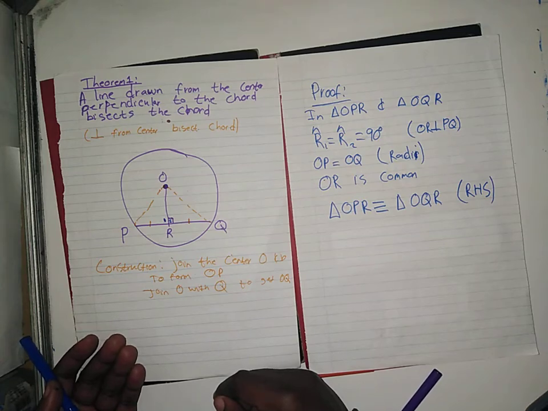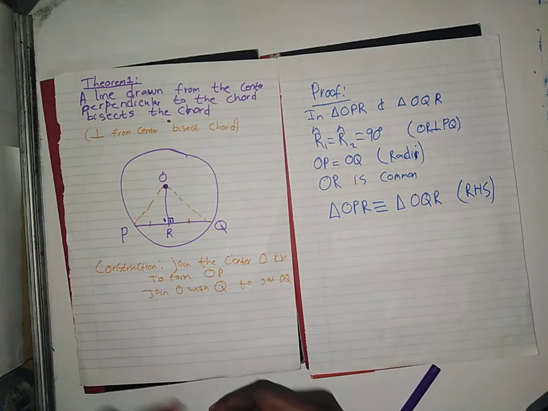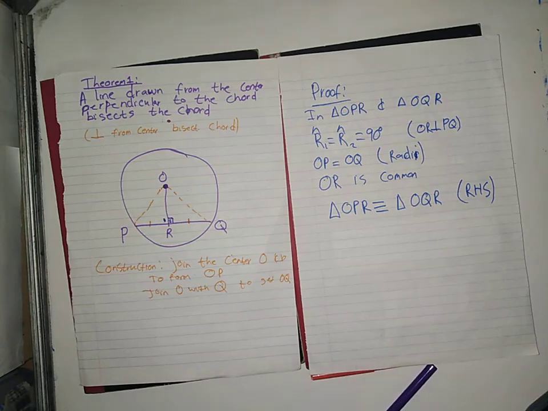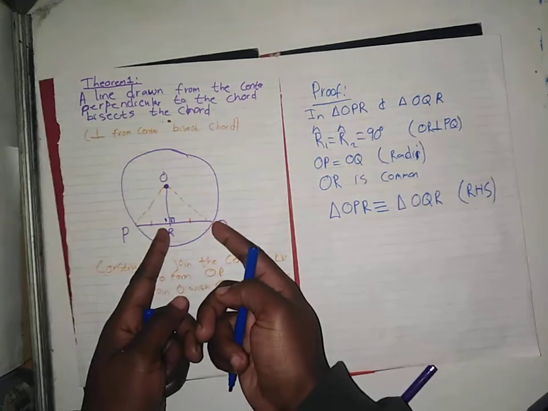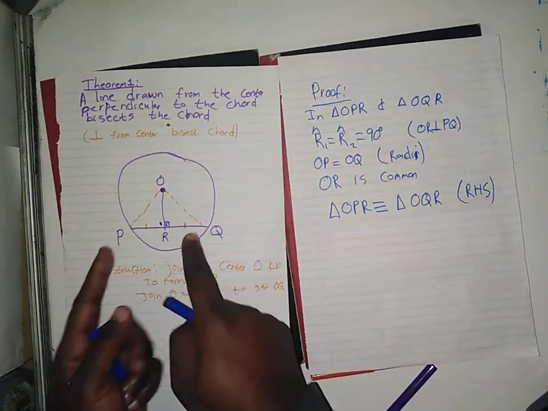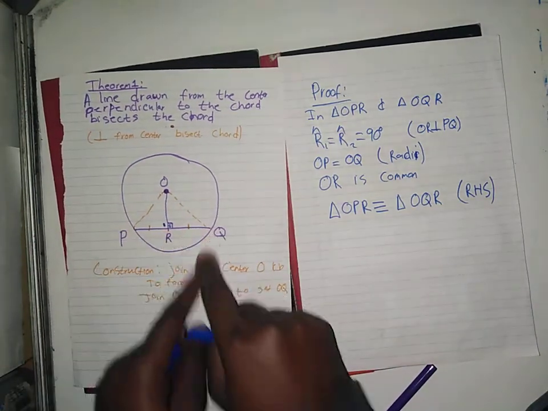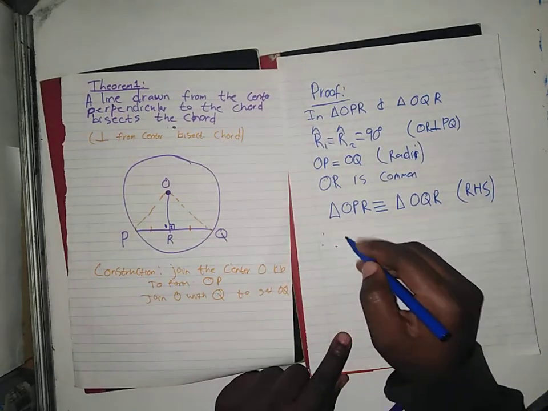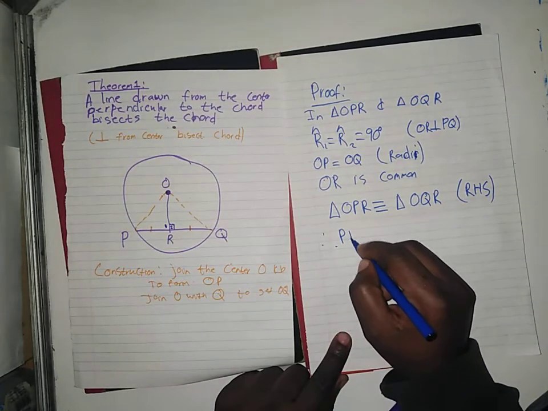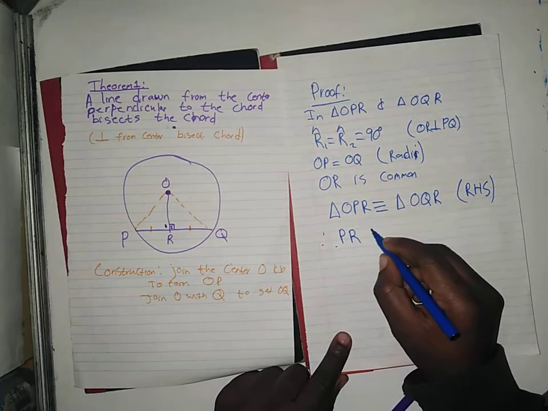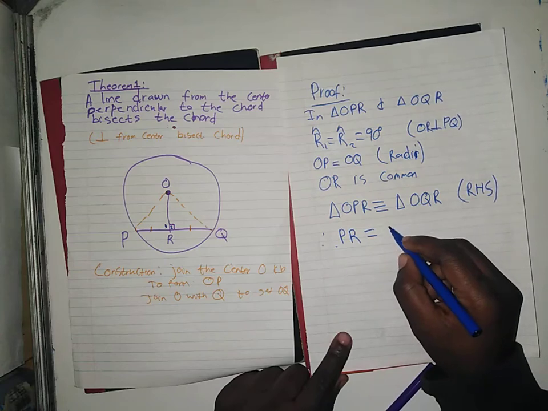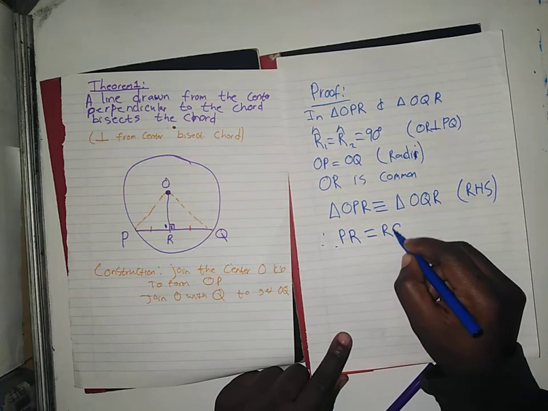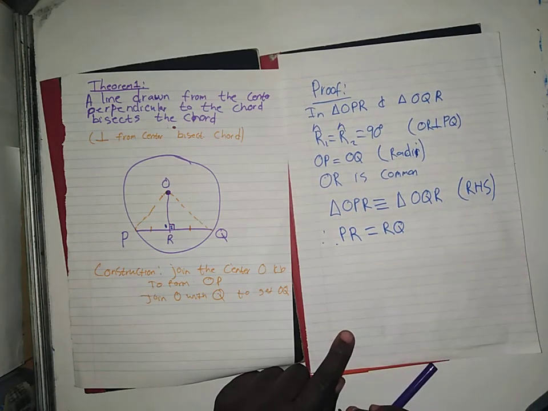Okay, now if these two triangles are exactly equal to the other, therefore if you take this one and put it over here, it means this will be exactly this. So therefore PR will be equal to what? Will be equal to RQ.